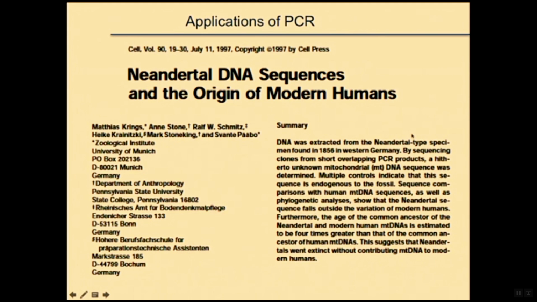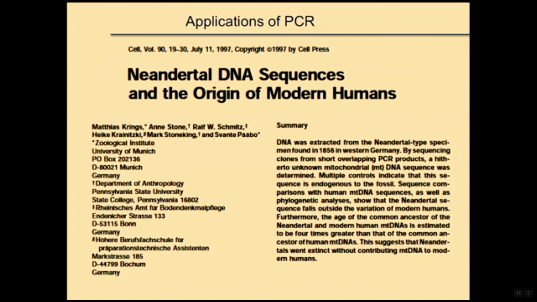Okay, and so the last few slides go through a few applications of PCR. So, for example, one of the most interesting examples is that you can sequence very old DNA. And it's not only Neanderthal DNA that's sequenced. Now we've got all these different hominids, and other Homo species that have been sequenced, and then you can compare.